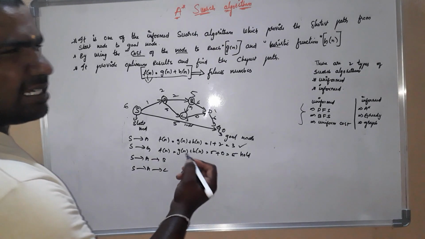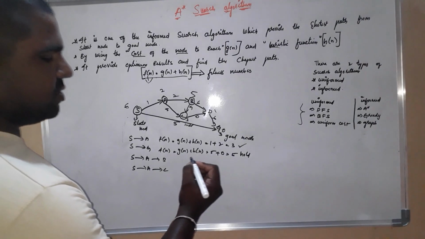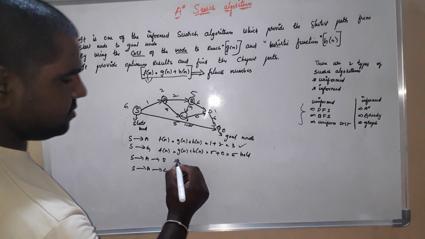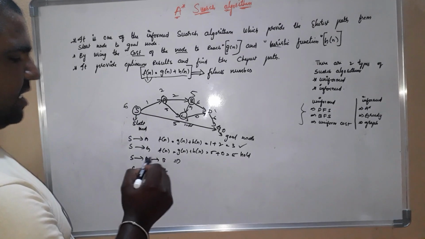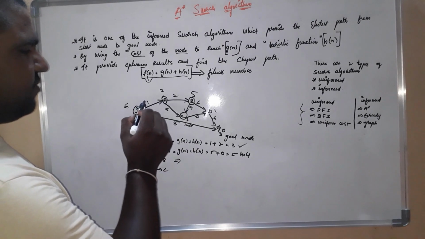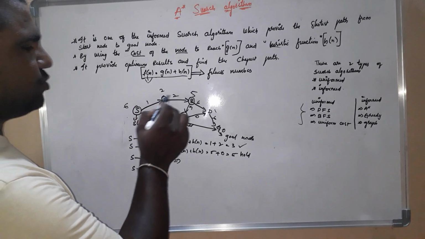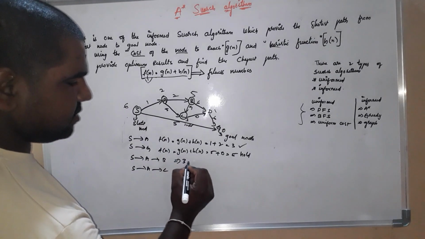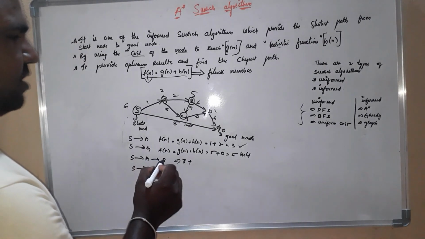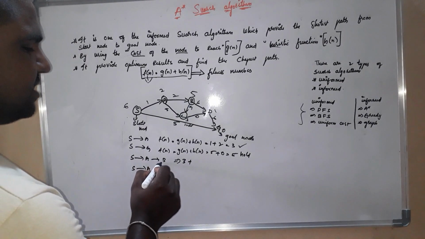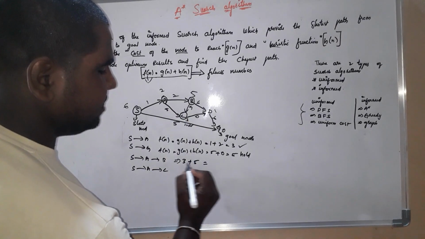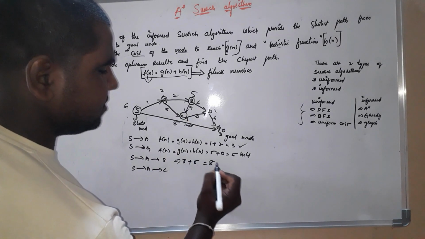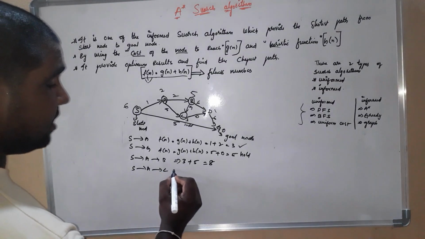We will directly go with the solution only. Here SAB, 1, 2, means 2 plus 1, 3. 3 plus, and we are going to this node now, so the heuristic function we have to take for B, that is 5. That is 5, 6, 7, 8.